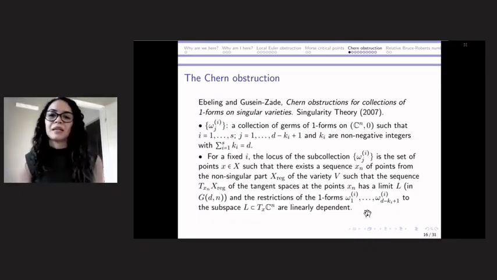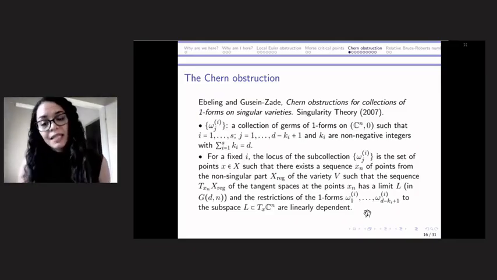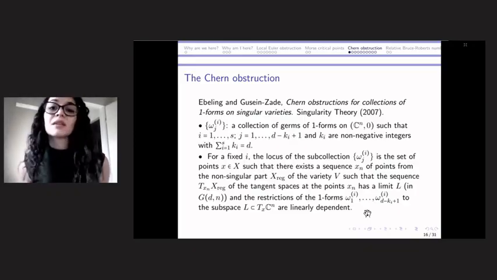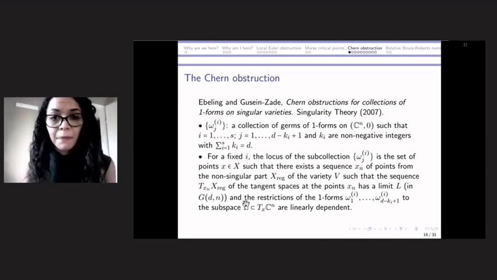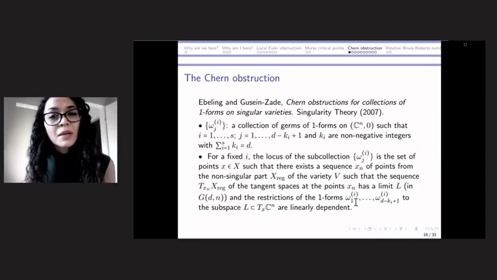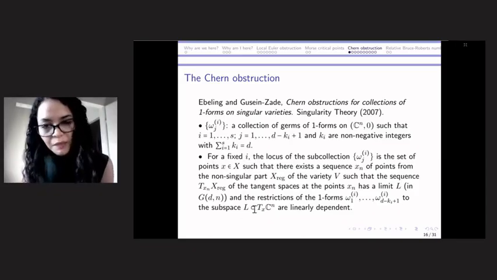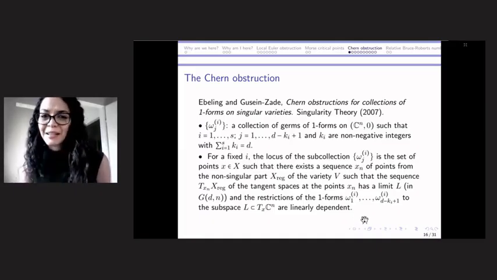That gives us a sequence of tangent spaces, and that sequence of tangent spaces converges to an element in the Grassmannian. Let's say L is here, right? So you're not only restricting these one differential forms to the tangent spaces, but also to the limit of tangent spaces, right? And then on these limits, also, we may have linear dependence.